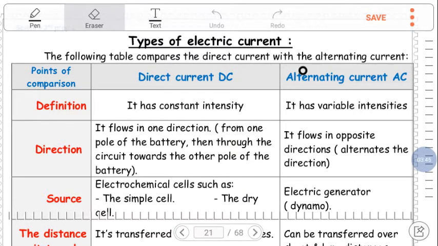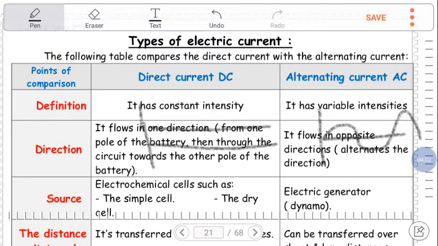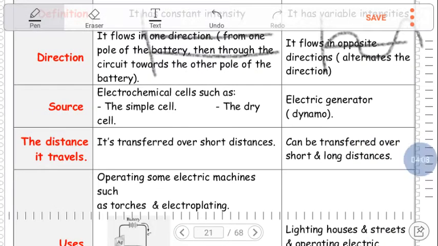And the alternating current AC flows in opposite directions, like the crests and troughs. And this is the shape of the constant. It's constant in direction. So this is the direction of each of them.